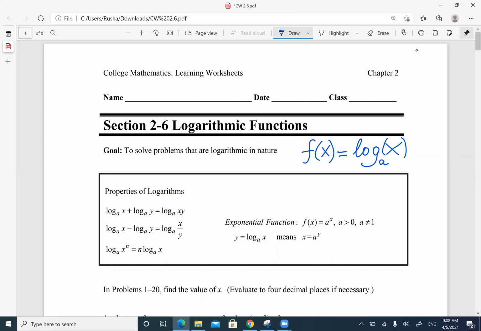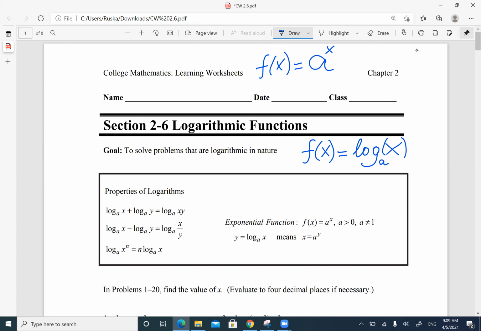Now compare the exponential function: a number with exponent x. You already know what 2 to the fourth is. It means multiply 2 four times by itself.